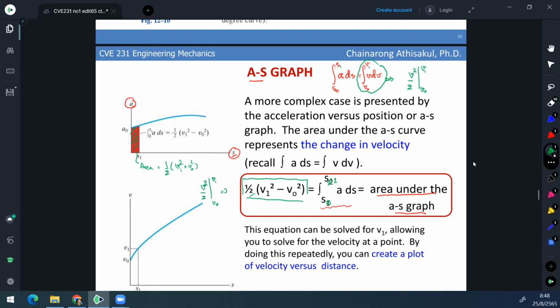So if we would like to plot the v-s curve, if we know v0, we can determine v1 according to the area. If we know the area and v0, we can determine v1 from this equation. After we have v1 for each position, we can plot the v-s graph this way.